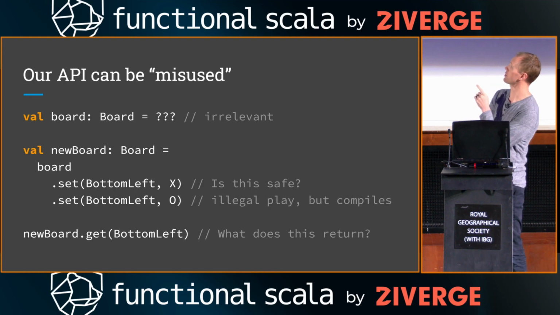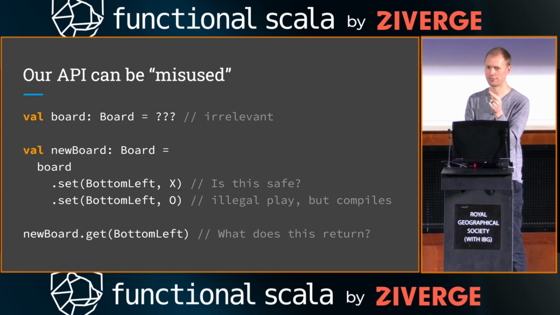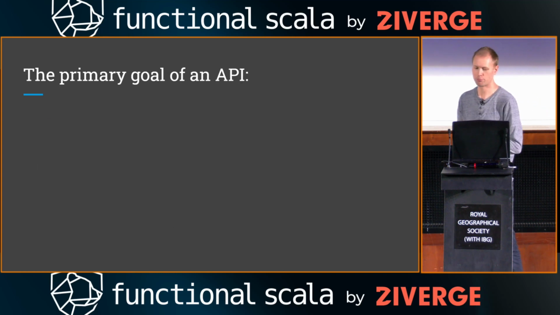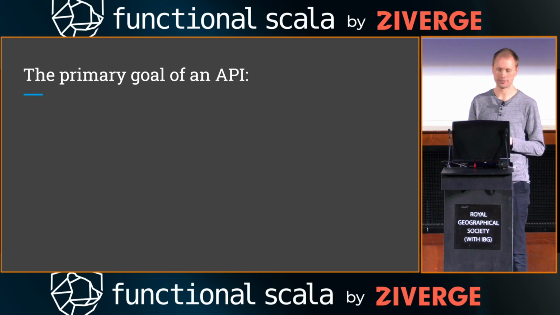And I will say, whenever we try to say that it was a user who misused our API, I think that should trigger something in our brains to think, oh, maybe it's the API that is problematic and not the users who keep misusing this API. So what is the primary goal of an API?